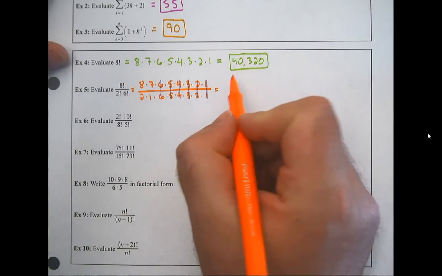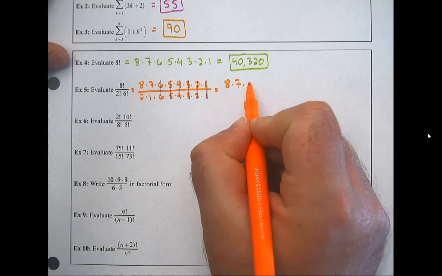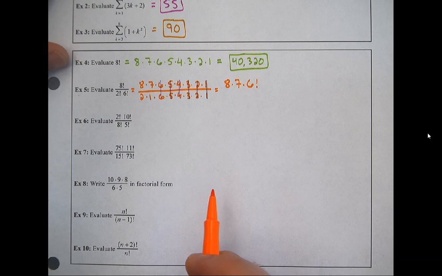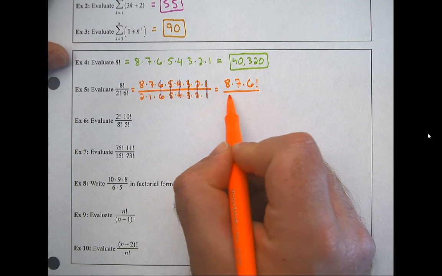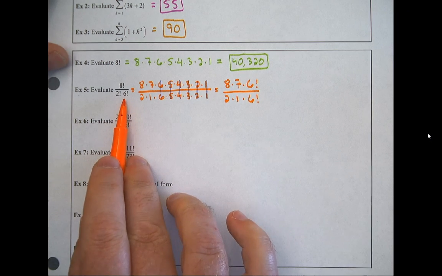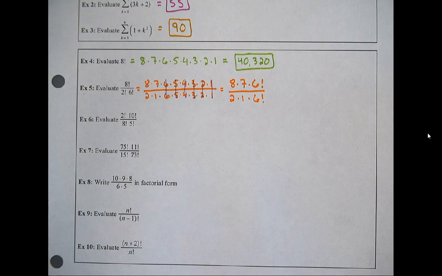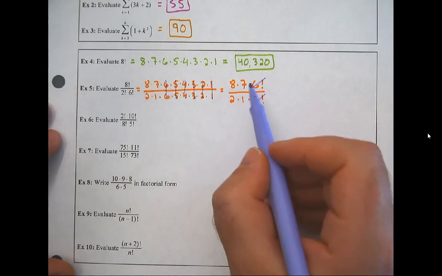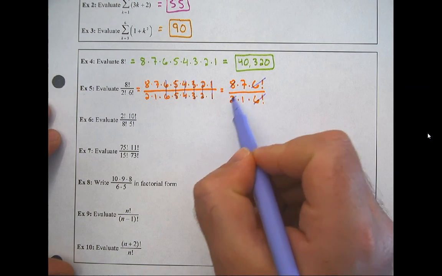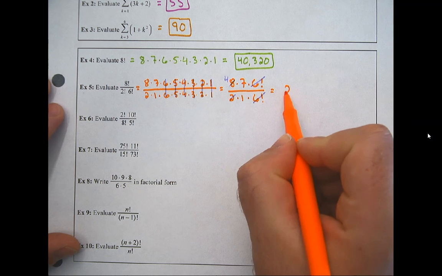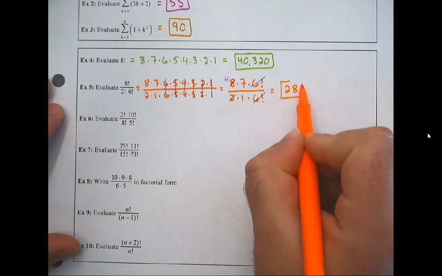So I really want to rewrite this as 8 times 7 times, instead of 6, 5, 4, 3, 2, 1, I'm just going to write 6 factorial, over 2 times 1 times, and this time I'm not going to expand that factorial, because I want to leave a 6 factorial on the top and a 6 factorial on the bottom. Those 6 factorials are going to cancel out. Let's see, what else can we do? We can kill out the 4 and the 8 and the 2. That would leave 4. And then 4 times 7 equals 28 over 1. 28 over 1 is just 28.